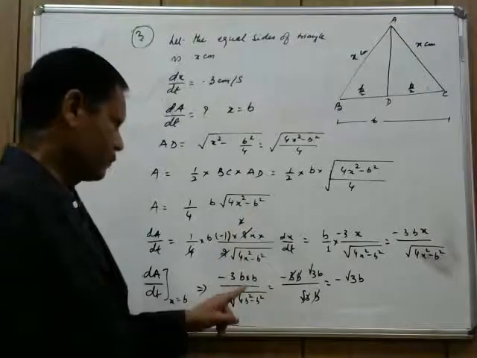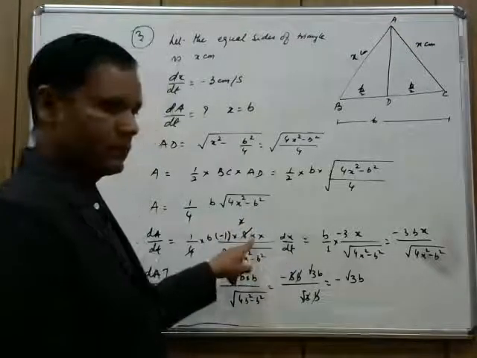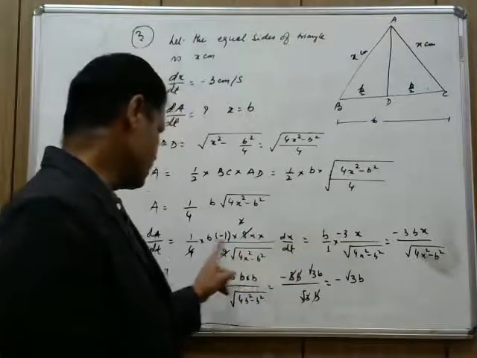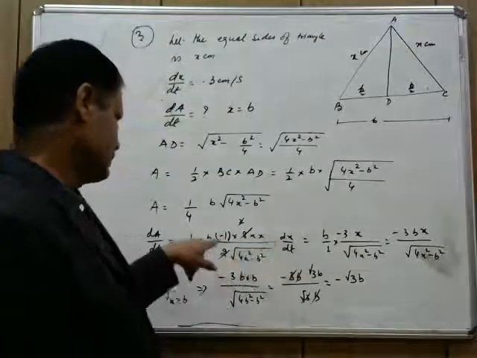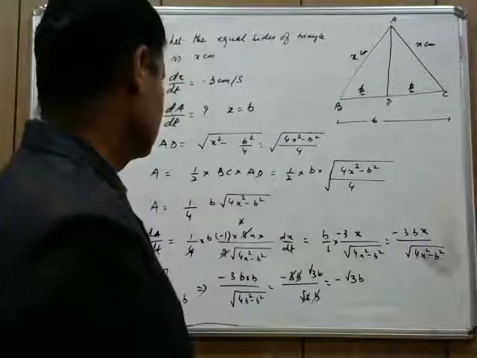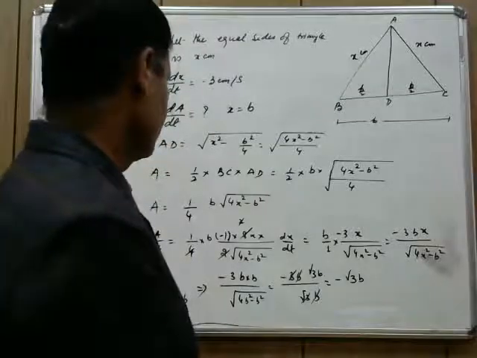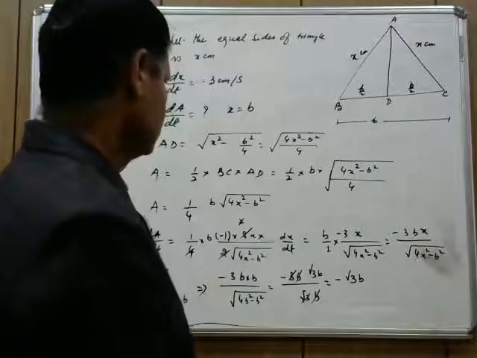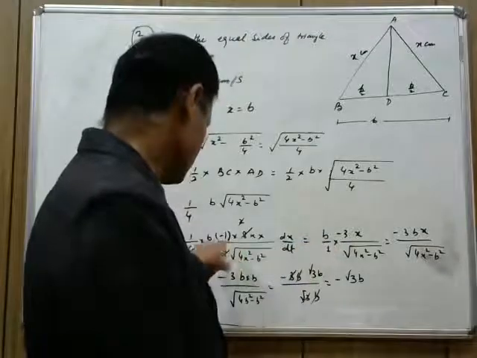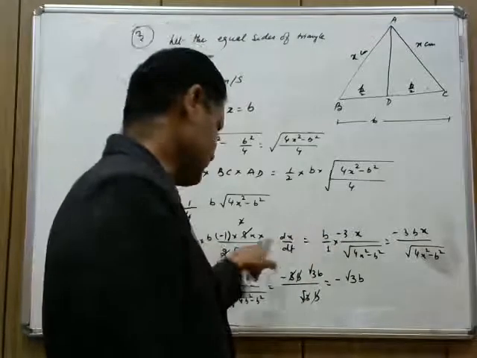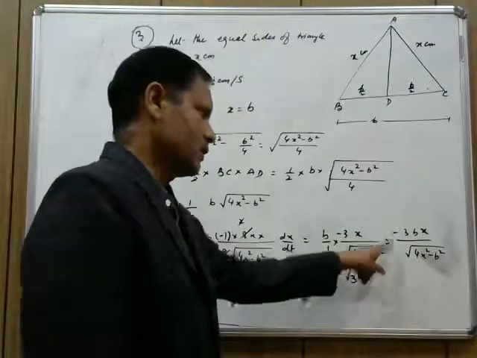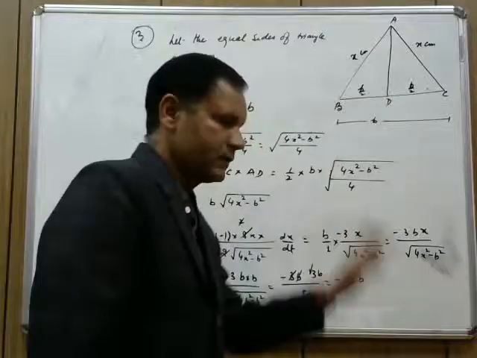So now I am left out with dx by dt because I am differentiating with respect to t. The value of dx by dt is minus 3, so minus 3bx upon under root 4x square minus b square. This is the term which we have got.